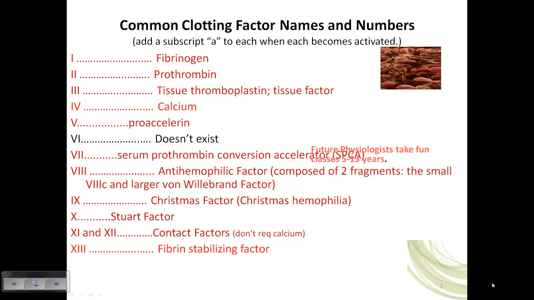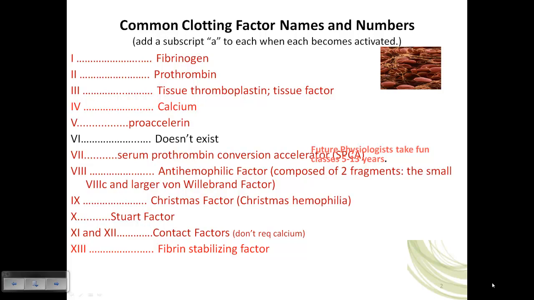So it is not so much important to me that you memorize the proper term for all of these clotting factors, but I do want you to know clotting factors 1 through 4 by their name and their number. When you get to clotting factors 6 doesn't exist, 5, 7, 8, 9, 10, 11, and 12, and 13, I just want you to know them as their Roman numerals.